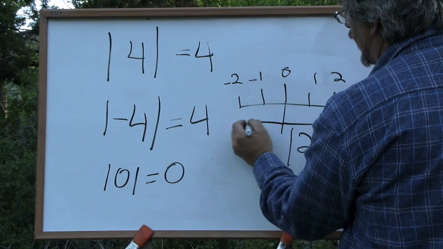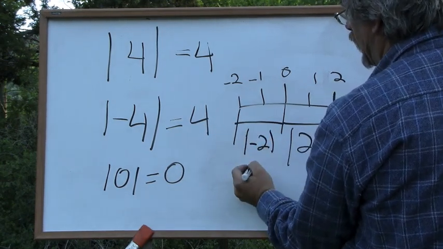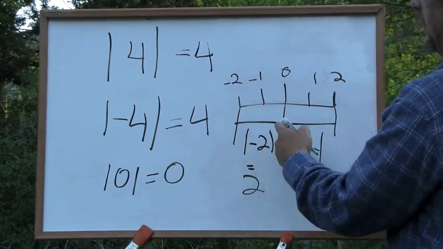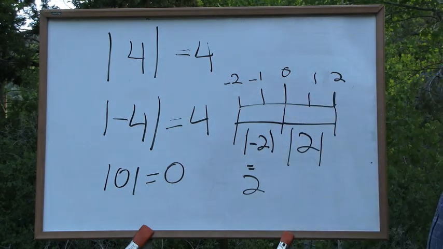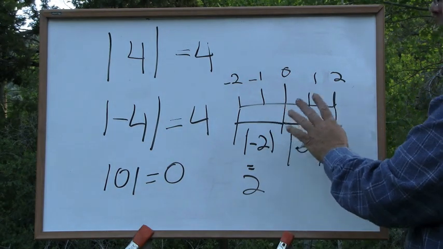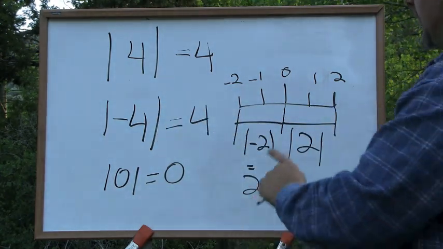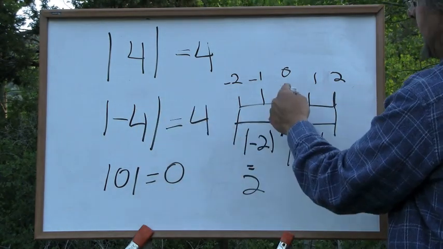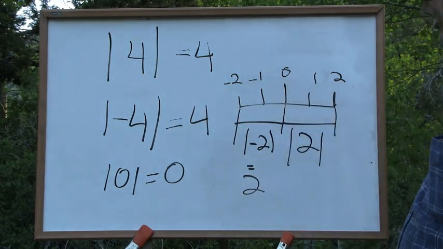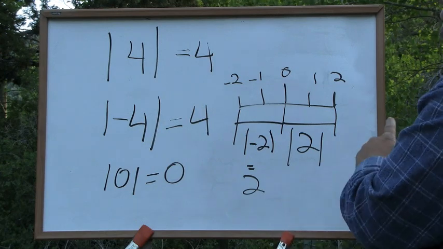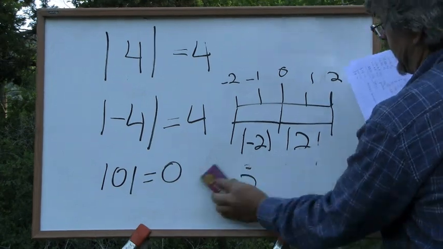And the absolute value of negative 2 is also 2, because it's just 2 places from 0. That's what absolute value is. How far away from 0 are you? Absolute value doesn't care what direction you're going. It cares how far away you are from 0. That's why it's always positive. Even with a negative in there, absolute value is always positive.